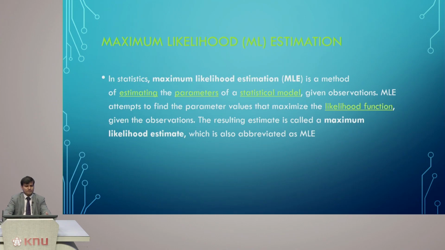This maximum likelihood estimation attempts to find parameter values that maximize the likelihood function. For example, we are talking about weather conditions, or what would be the sales of a certain product in a shop, the maximum likelihood.